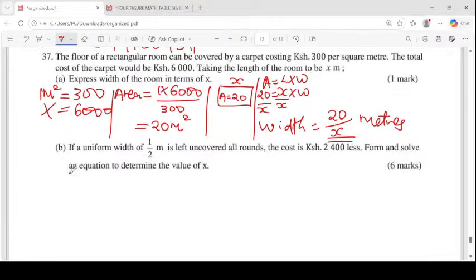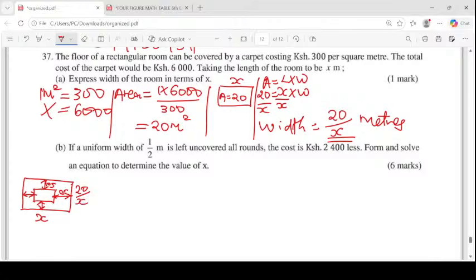So we can have this as our room, and we leave a gap of 0.5 meters round. So this is 0.5, 0.5. Remember, if this is x, the width was 20 over x.